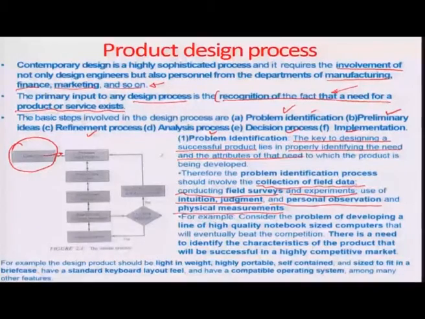A good example could be if I consider the problem of developing a high quality notebook. A notebook is something that is more carryable. There is a need to identify some characteristics like light weight, highly portable, self-contained systems, size to fit into a briefcase, and a standard keyboard.